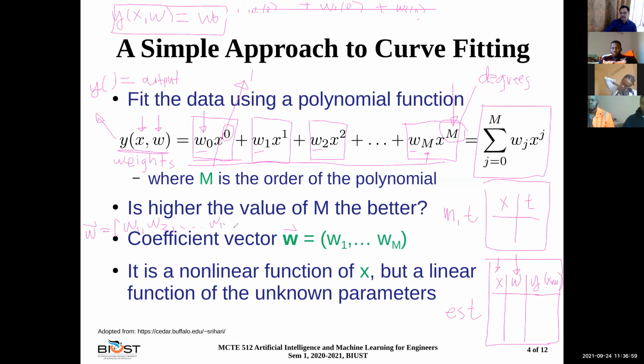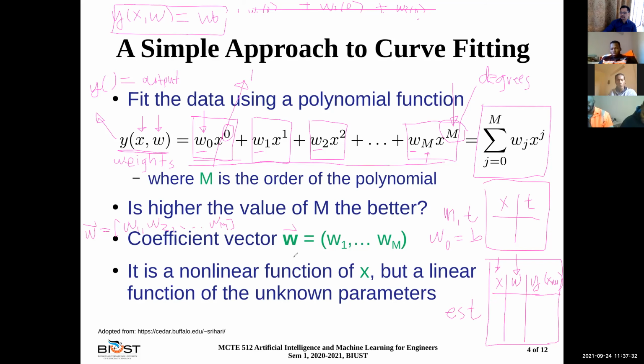So in this case, your w is a vector. That means it's composed of several components, like an array with several components equal to the degree of the polynomial. In some cases we consider this w0 as a bias, where your w will be plus a bias.